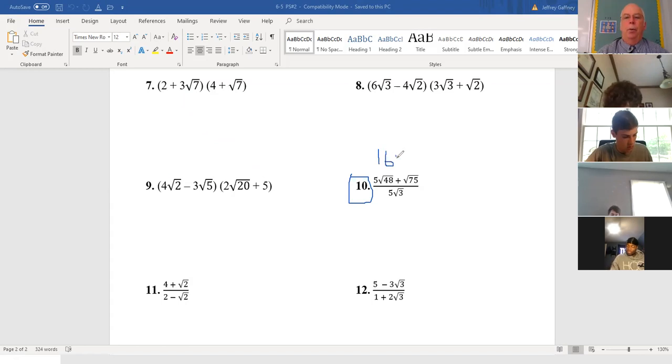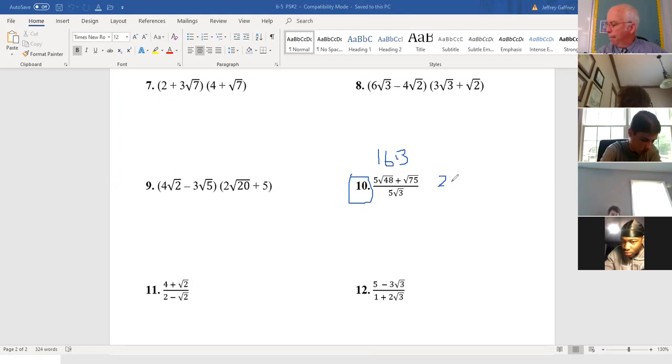It's 16 times 3, right? So why can't I bring this 16 out front of the radical as a 4? And so now I've got 4 times 5 is 20. I got 20 radical 3.